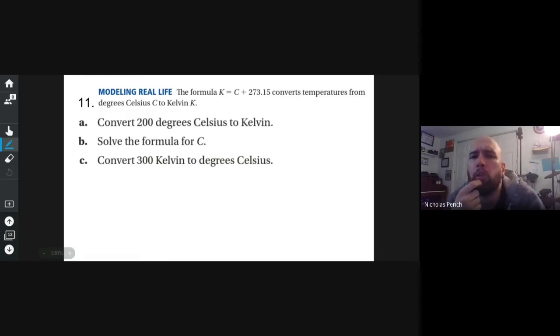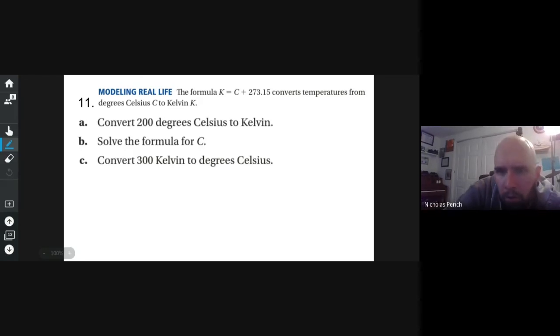So we have an equation, K equals C plus 273.15, gross. K is for Kelvin, C is for Celsius. Convert 200 degrees Celsius to Kelvin. Well, that's easy.